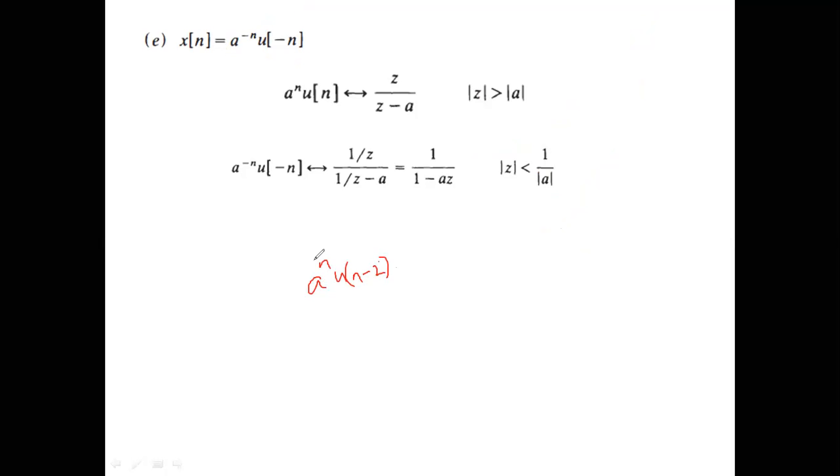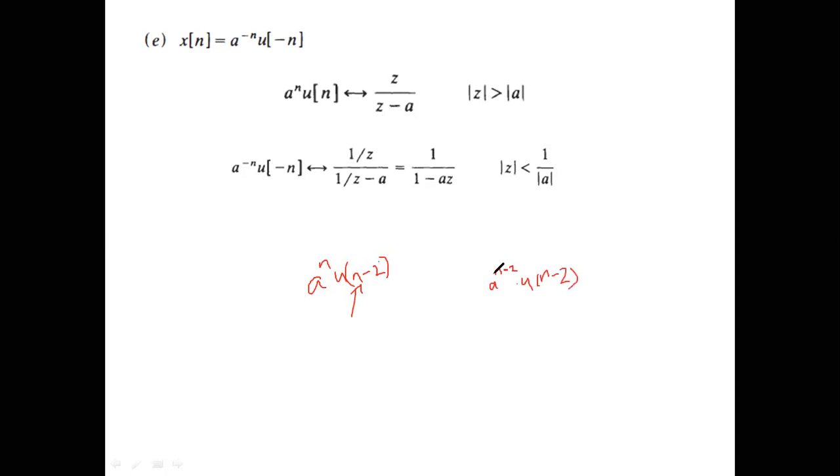First thing, we never change the u of n minus 2; this is like an anchor. So the time shift property should be used here. We make sure that every n is replaced by n minus 2, so a to the power n minus 2 into u of n minus 2 will be there.